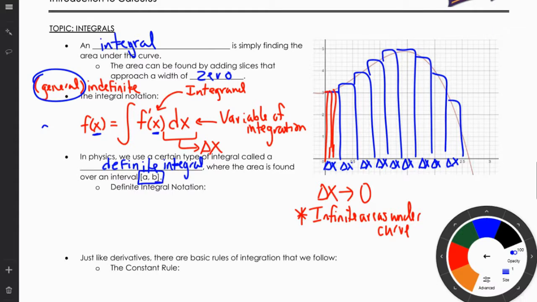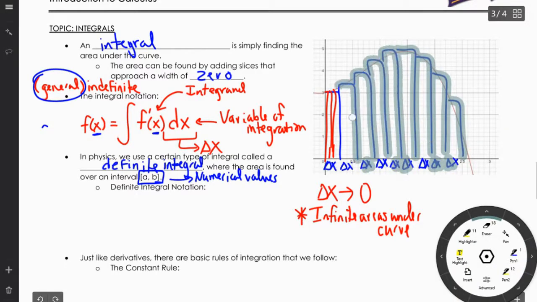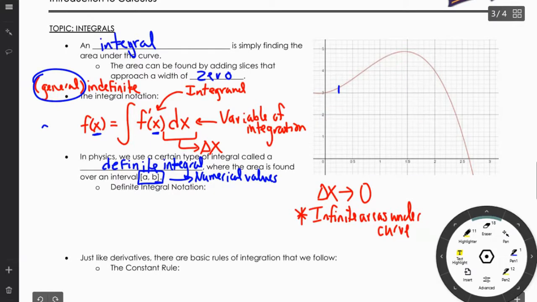So this is where we actually return numerical values. Okay. And so we're going to get an actual number here, because we're going to have an interval through which we're going to find the area under the curve. So we know exactly what we're going to do.